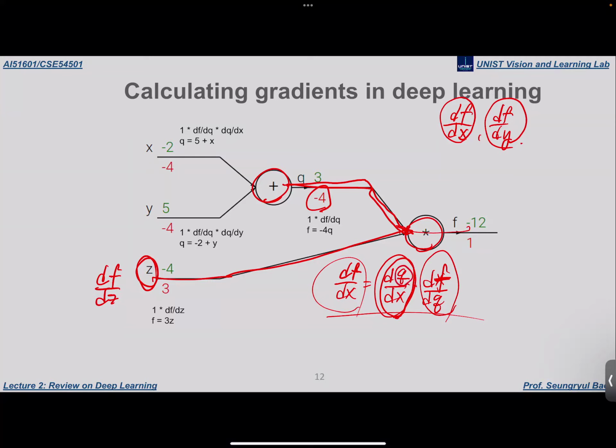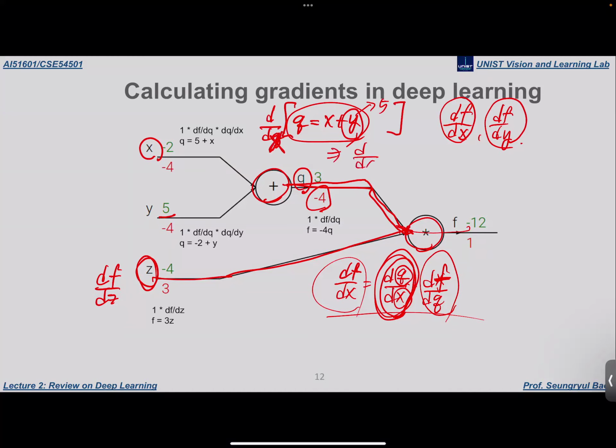And that is the relationship between q and x. And actually, they were having this relation, right? And for calculating dq dx, y can be regarded as constant, and it is initialized as 5, right? And we can apply dq for dx for two terms.